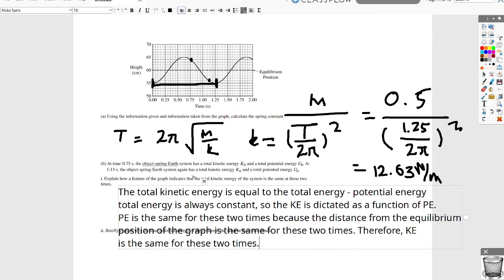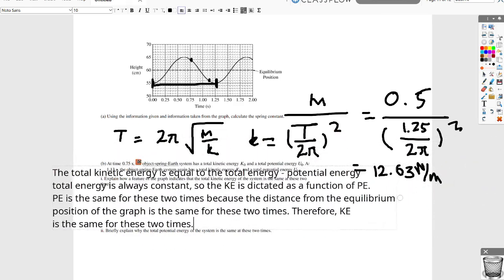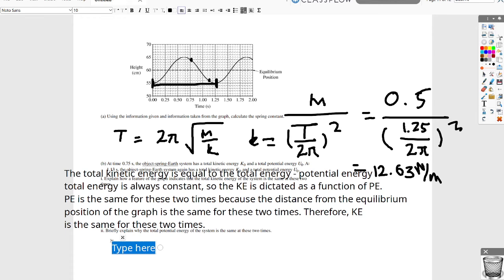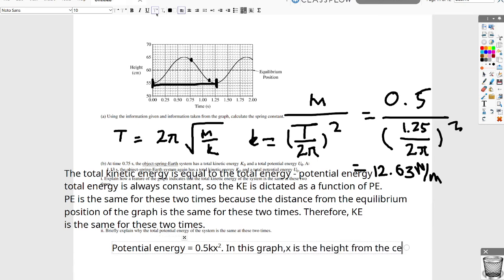So explain why the potential energy of the system is the same at these two times. Potential energy is equal to 1/2 k x squared, and in this graph, x is the height from the center of the wave.